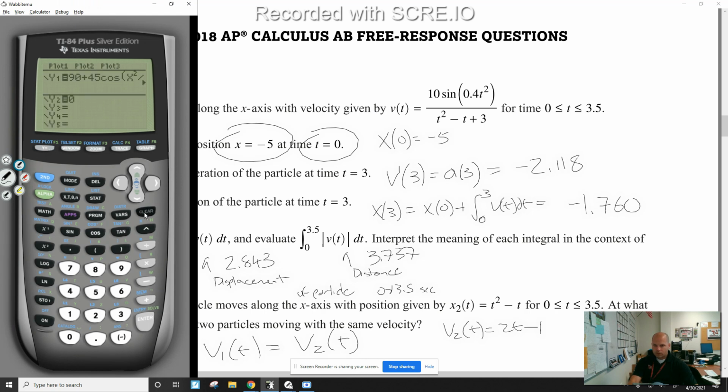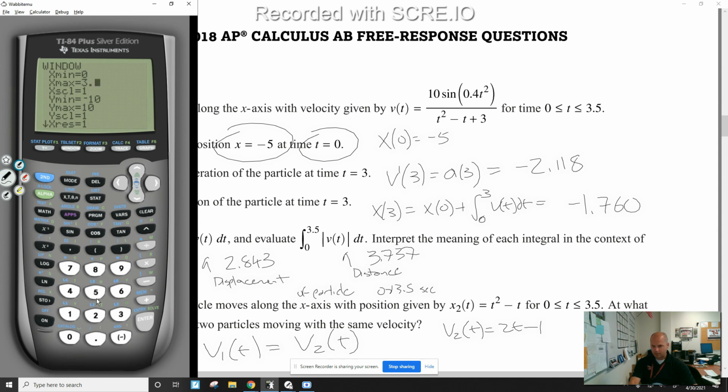Y equals, alpha f1, 10 sine 0.4 t squared over t squared minus t plus 3, 2t minus 1. We're going from 0 to 3.5.